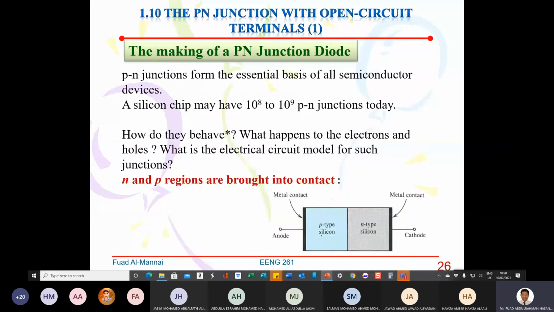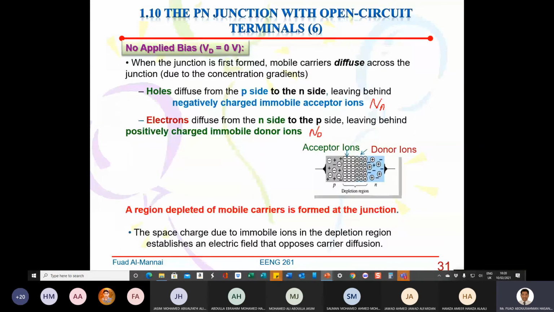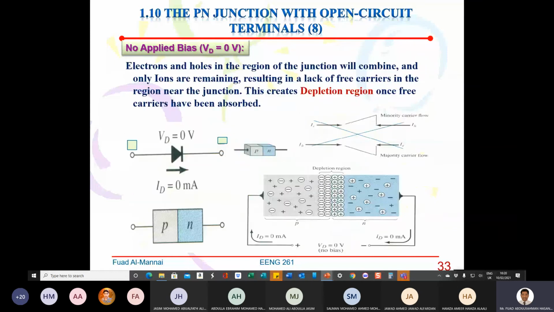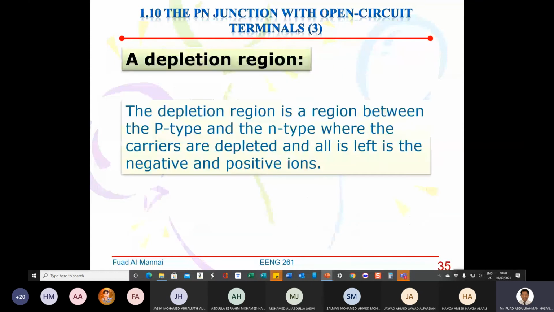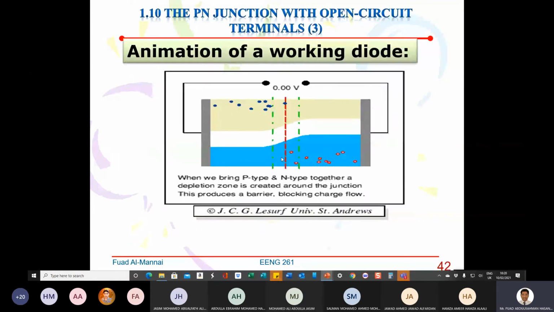Okay, on slide number 57. From here to here, this is Xp. From here to here, this is Xn. So the width W is equal to Xp plus Xn. Got it, guys? Okay, very good.